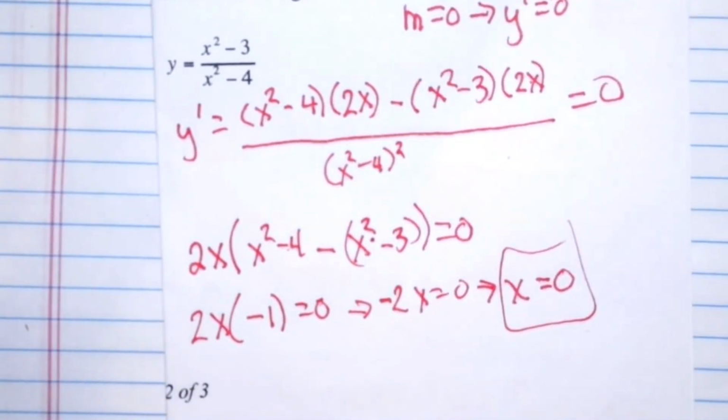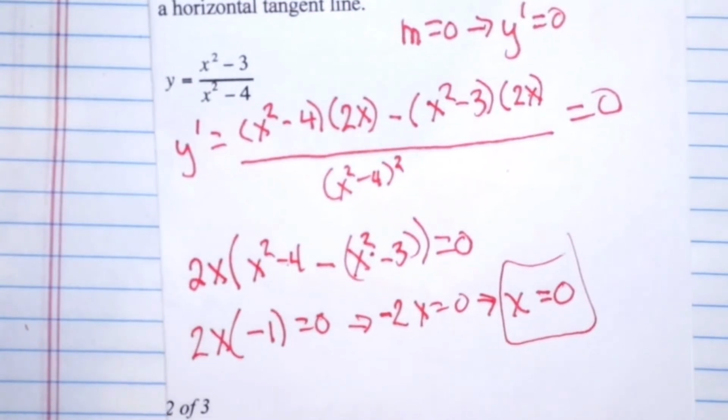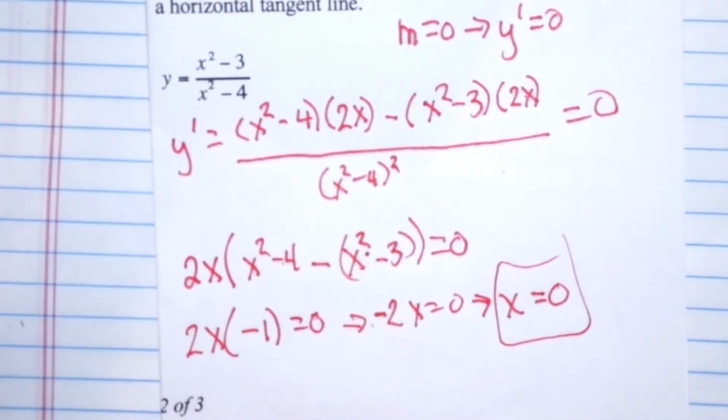So make sure you remember that the numerator of the derivative of a quotient is the denominator times the derivative of the numerator minus the numerator times the derivative of the denominator. Make sure you put that in the top of the fraction.